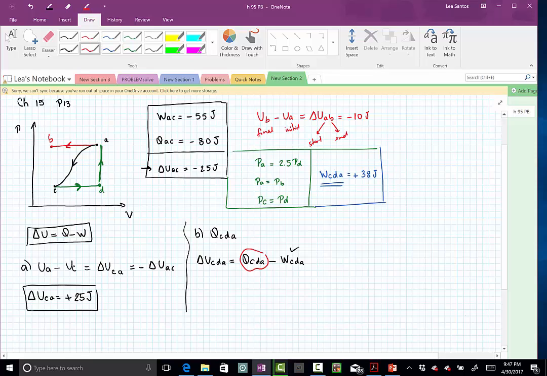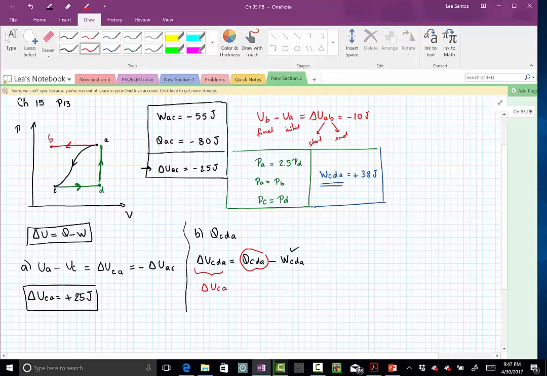Well, we do, because remember, the change in internal energy depends only on the final internal energy minus the initial, depends only on the final temperature minus the initial. So this delta U CdA is the same as delta U Ca.